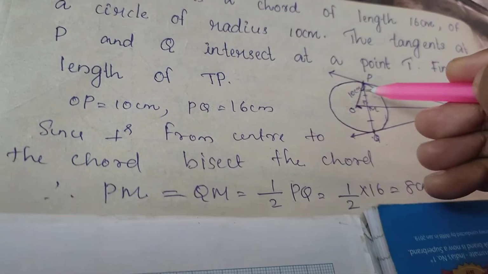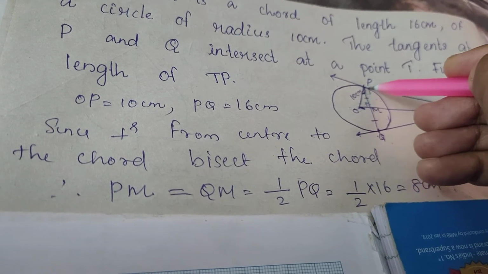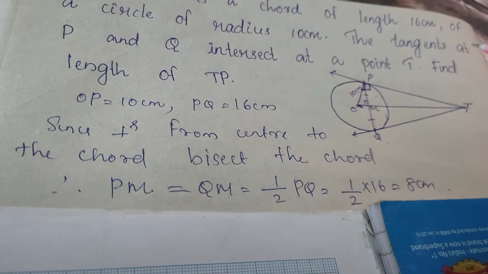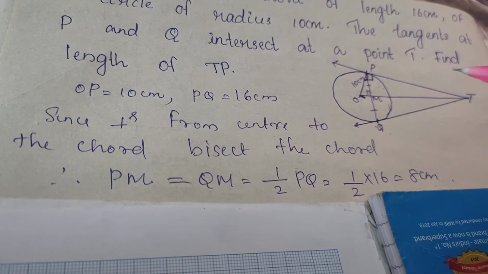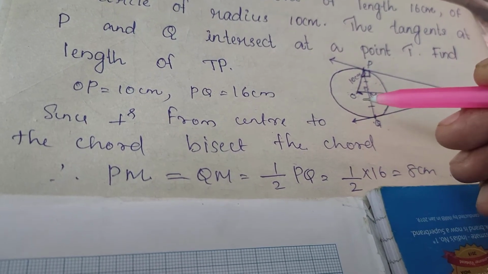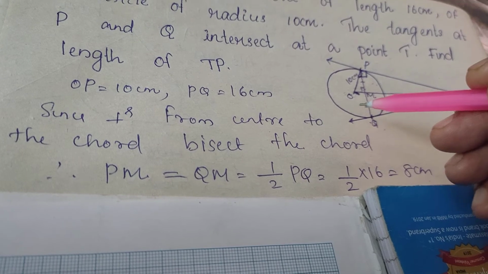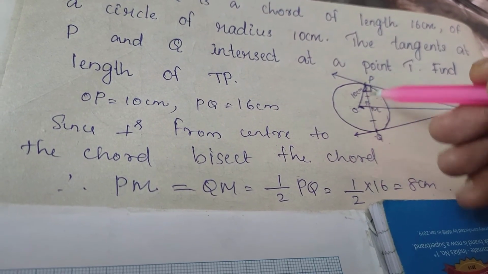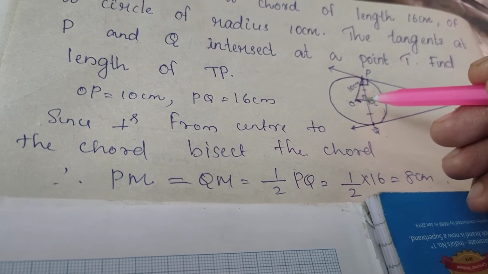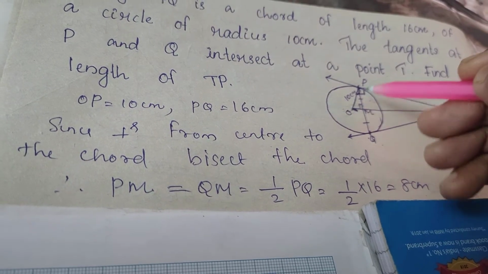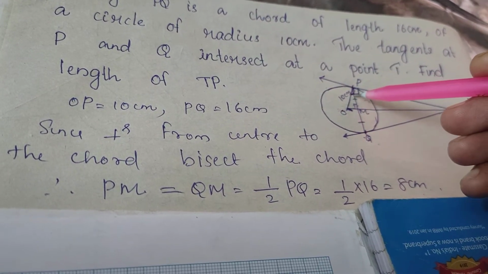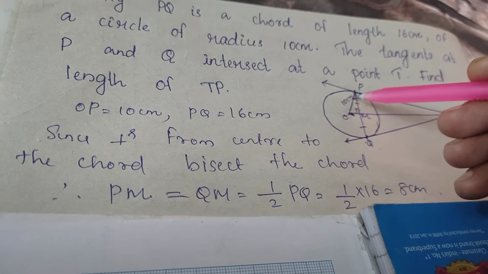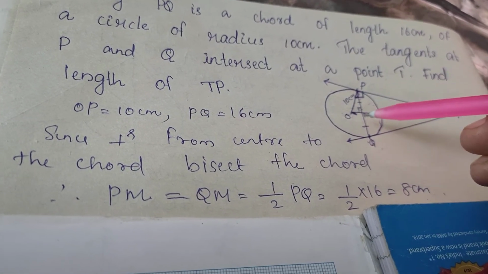So here the angle OPT is 90 degrees. In the circles chapter, the first theorem is that the radius through the point of contact is perpendicular to the tangent. OP is the radius, therefore at the point of contact P, the radius forms an angle of 90 degrees.